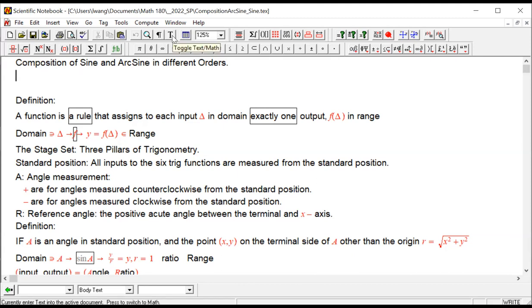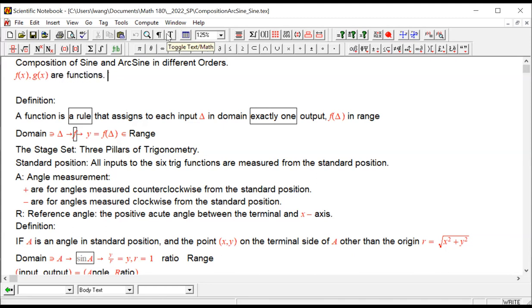In other words, we're going to be talking about the composition of this form. F is a function, and G is a function. Both are functions.